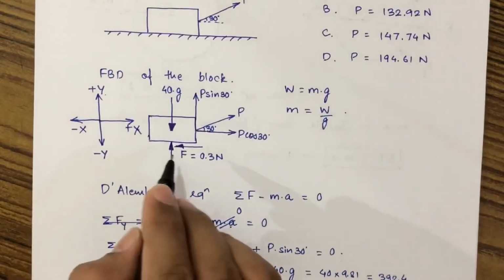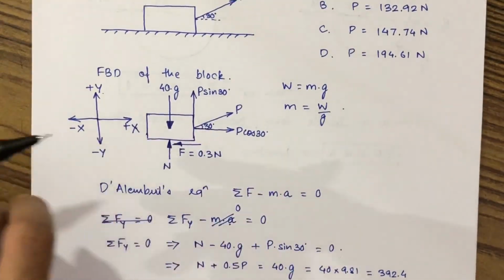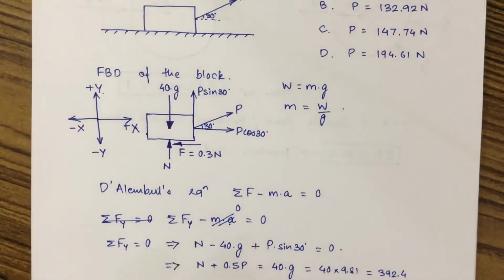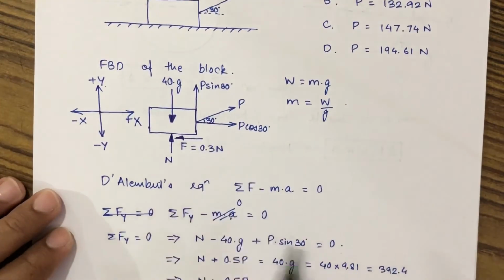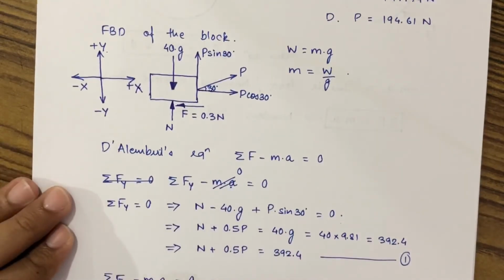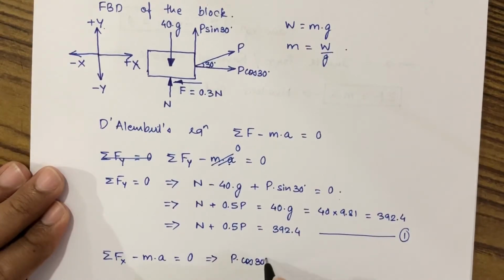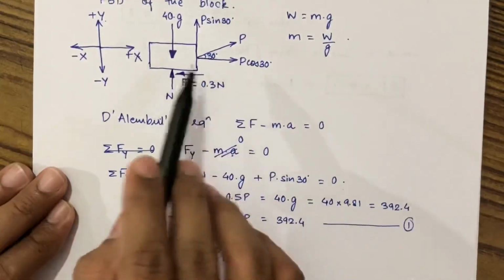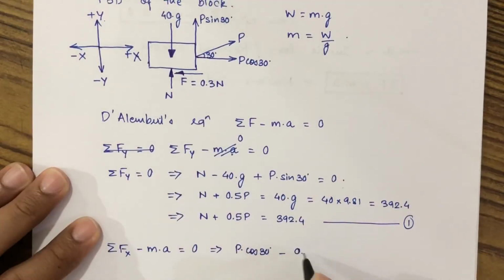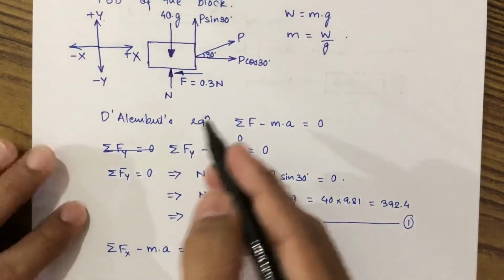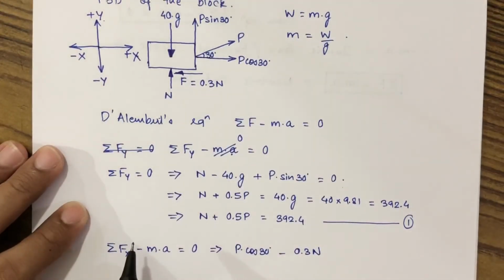Now we take into consideration only the forces in the x direction. Here positive, here negative. So first we will get P cos 30, then minus 0.3 N. Only these two horizontal forces are there.